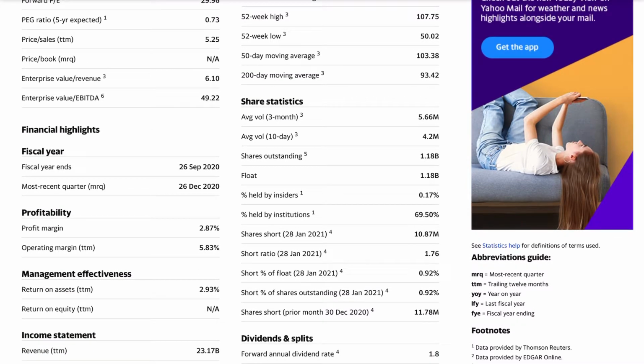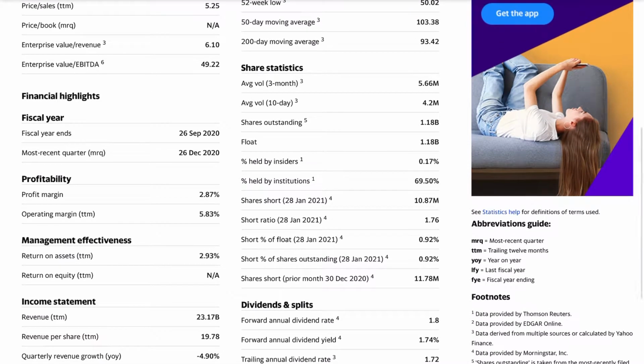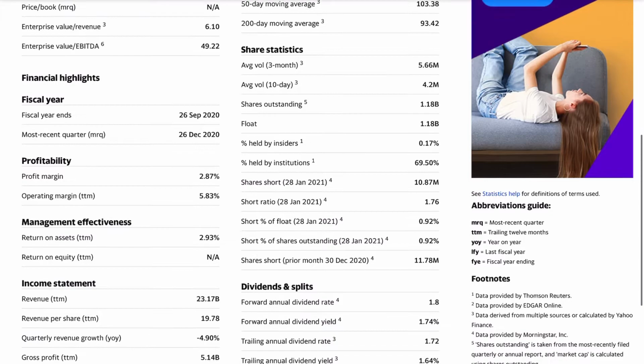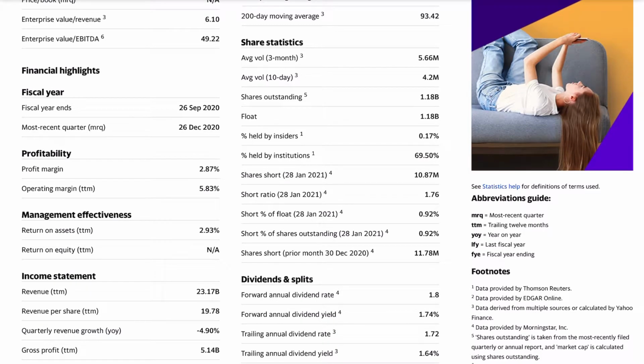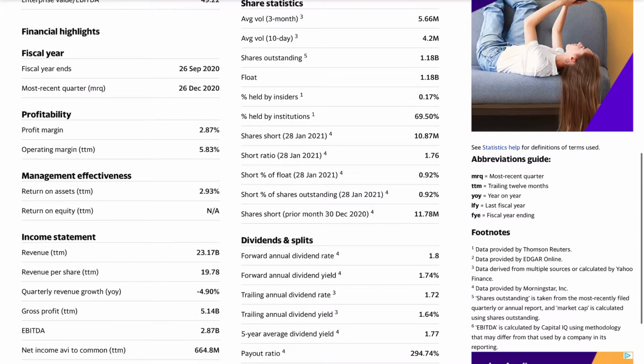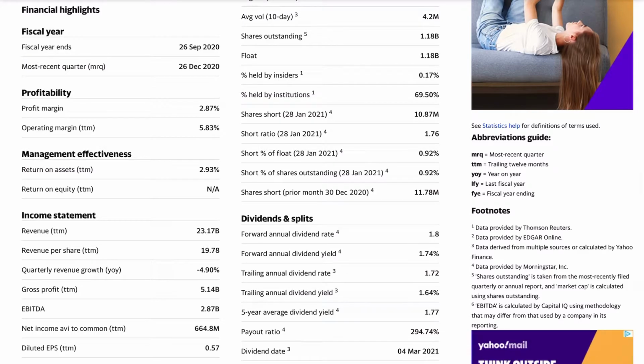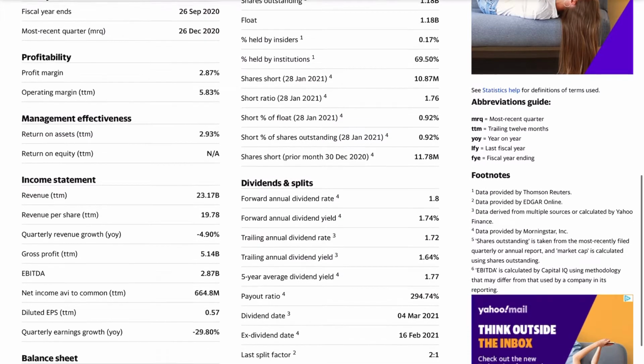The financial highlights is what we really need to be looking at. The profitability is important. You can see Starbucks has achieved a 2.87% profit margin, and the operating margin is 5.83%. Return on their assets is 2.93%.